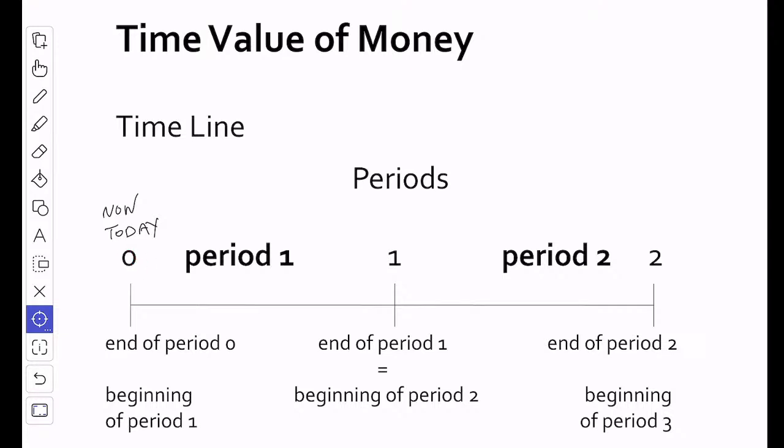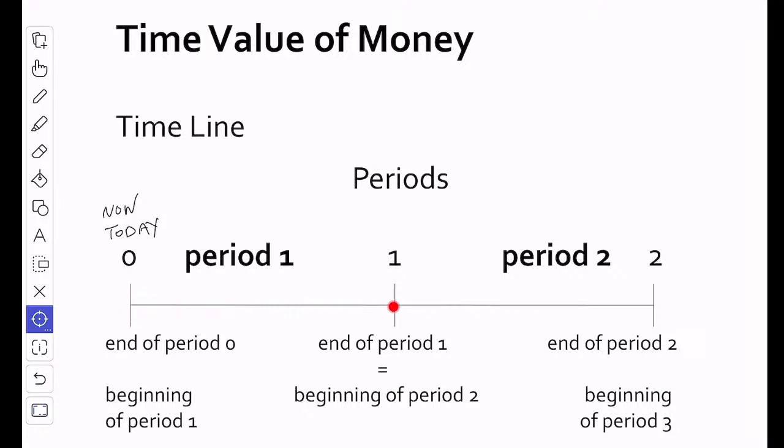If 0 is today or now, then 1 is 1 period from now. So 1 period needs to transpire, leaving us at the end of period 1, so that the number here corresponds to marking the completion of period 1. So today is 0. This is the beginning of period 1.